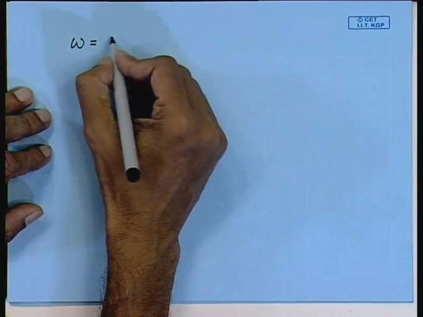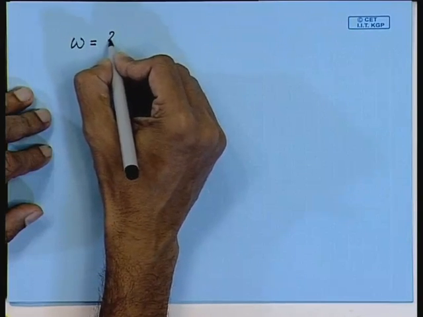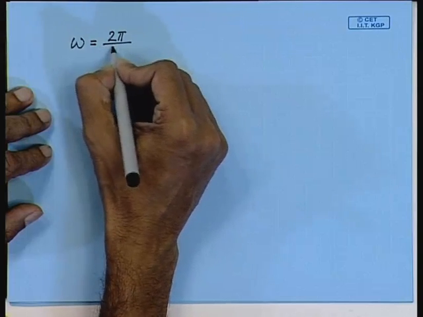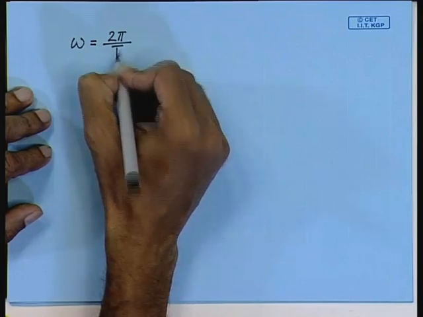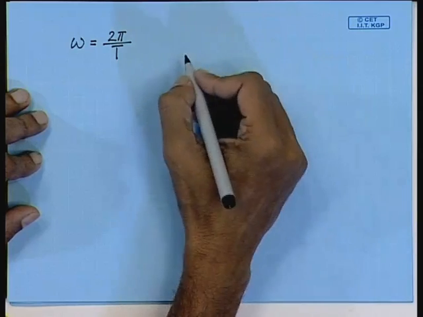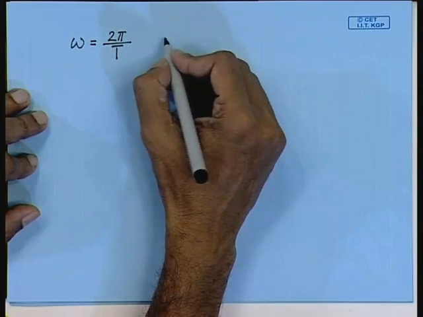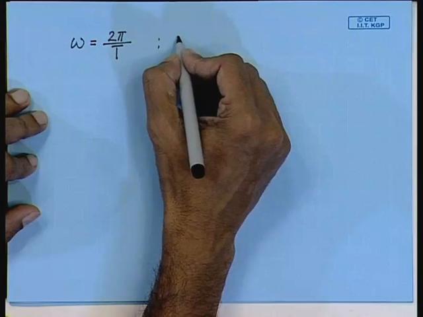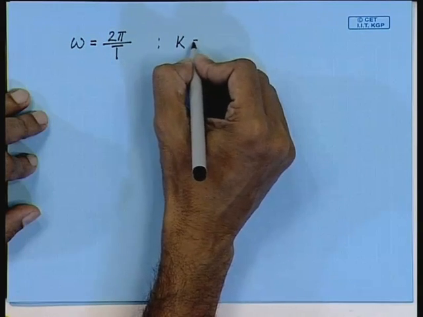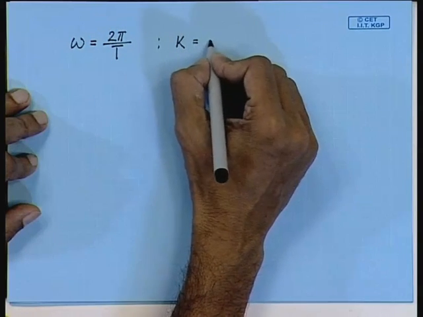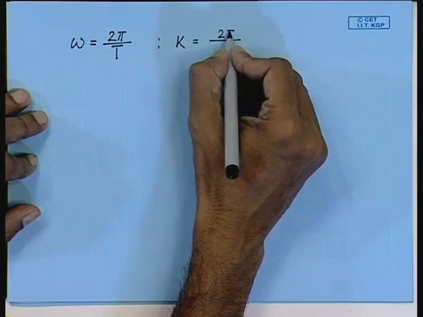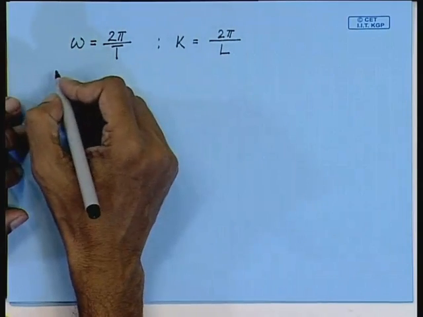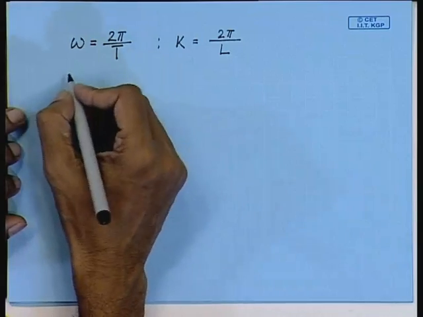Now omega is related to the time period of the wave, so it is inversely proportional to T, and this value of k is related to 2 pi over L. Now substitute in the dispersion relationship.